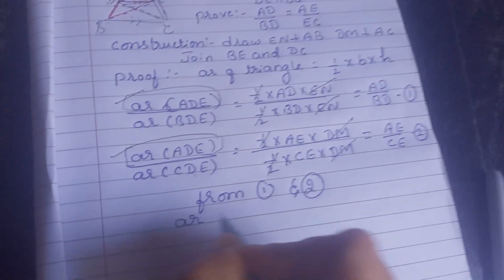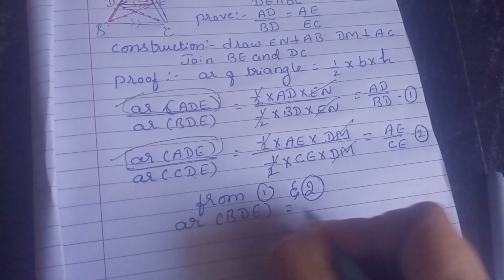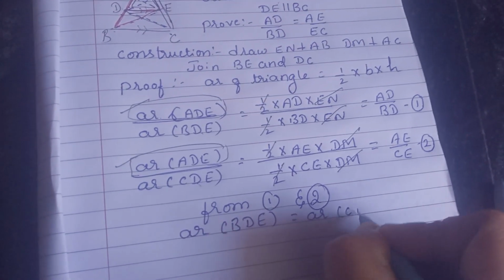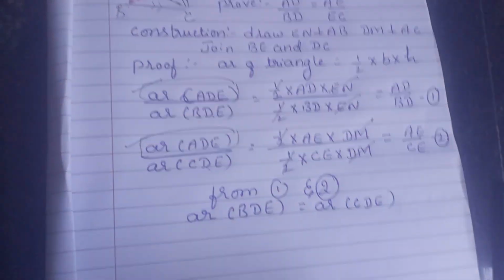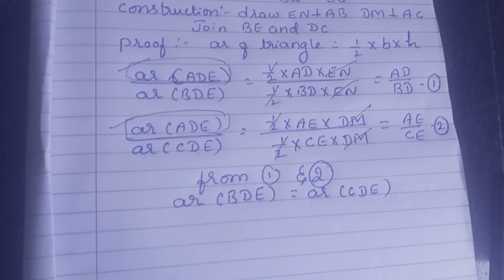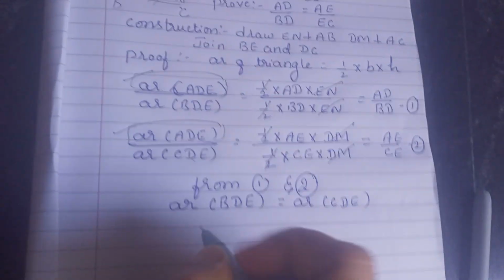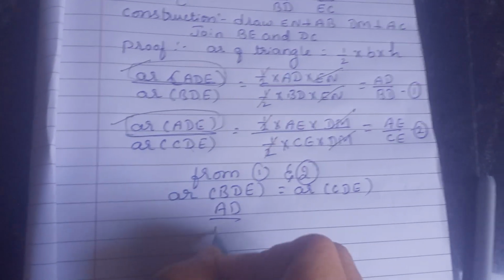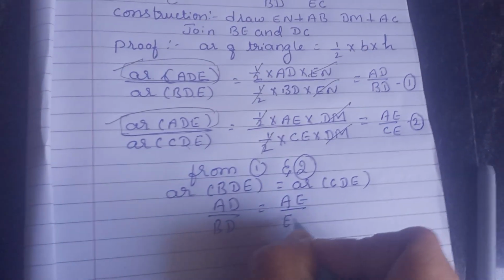So, what can we write now? Area of triangle BDE is equal to area of triangle CDE. When LHS are equal, RHS is also equal. AD by BD is equal to AE by EC or CE.